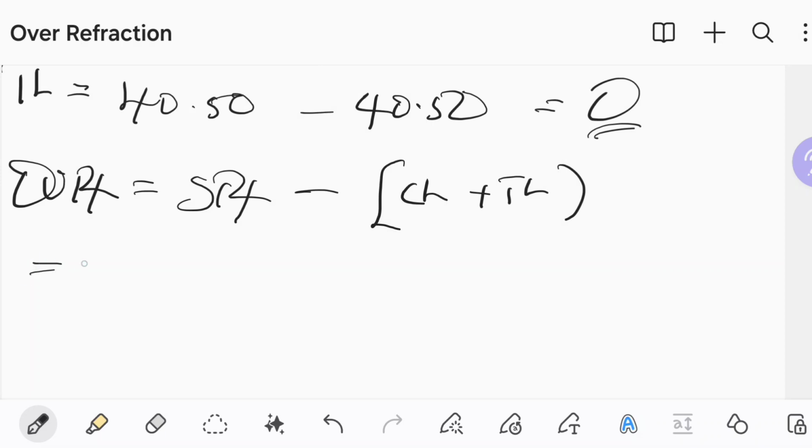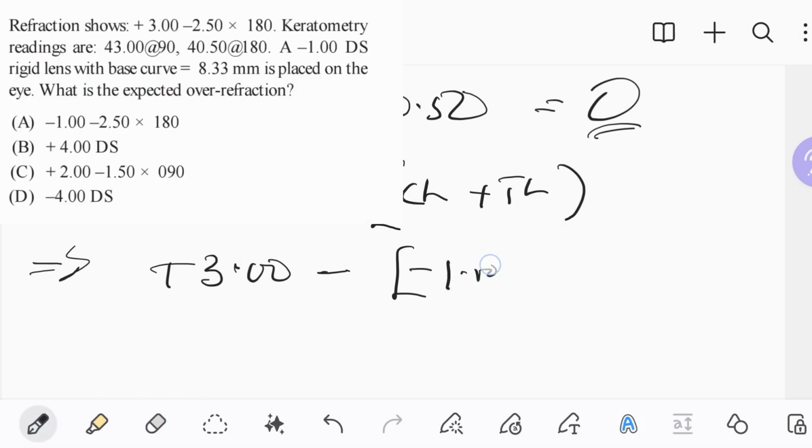Like I said, the cylindrical component of this prescription has been taken care of, so this will give us plus 3.00 minus, in brackets, our contact lens is minus 1.00 in this question, plus our tail length is 0.